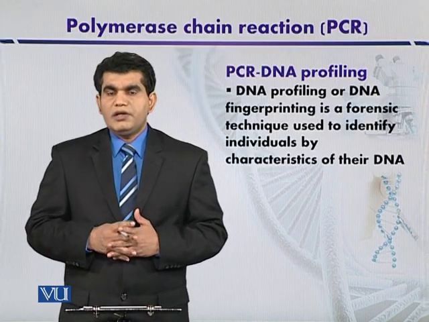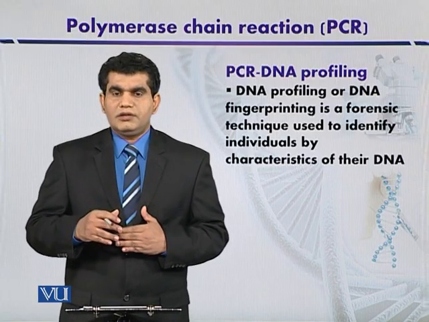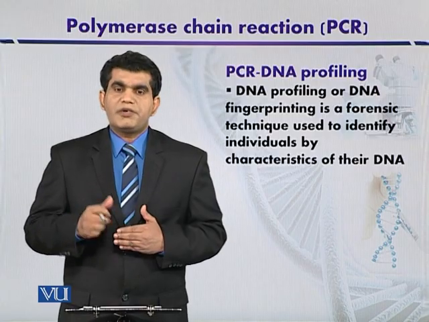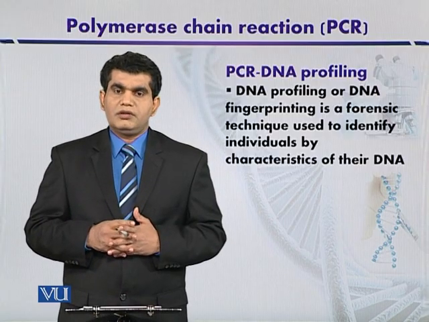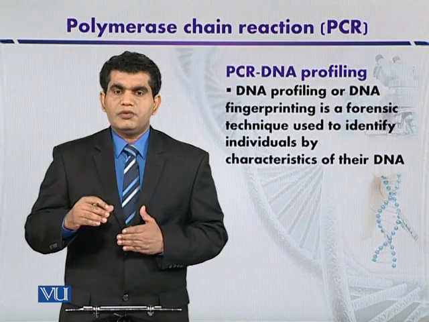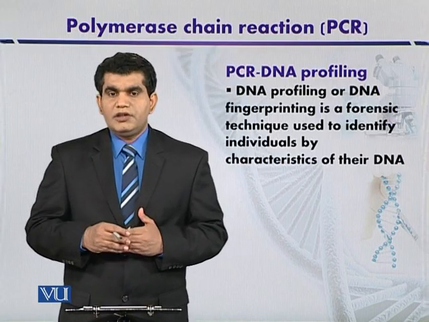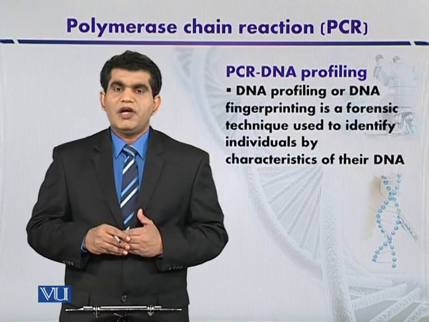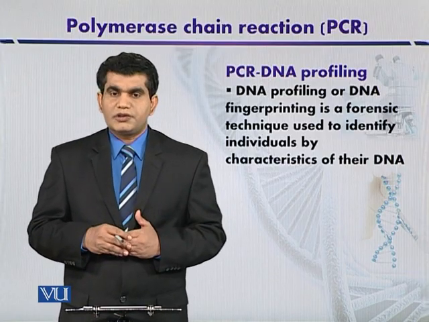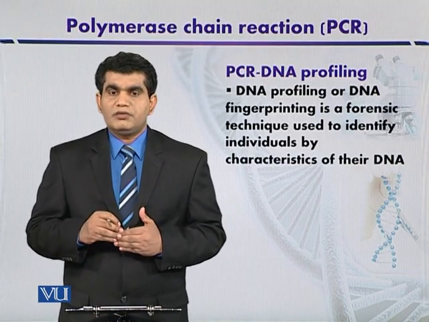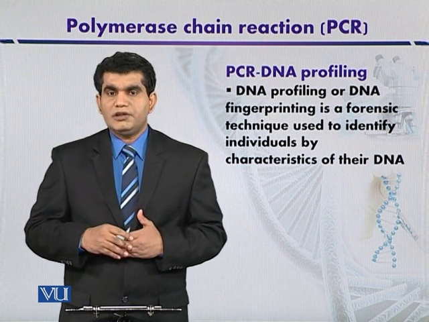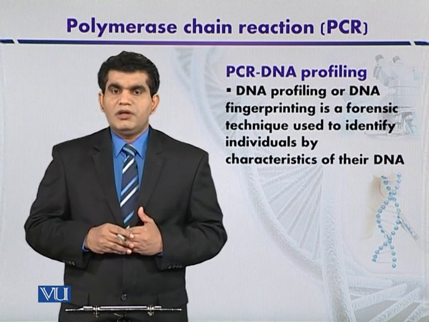As I told you earlier, initially fingerprints were used to relate certain individuals with certain legal matters. But here, with the advancement in molecular techniques or approaches, information from the genomic material can also be used.